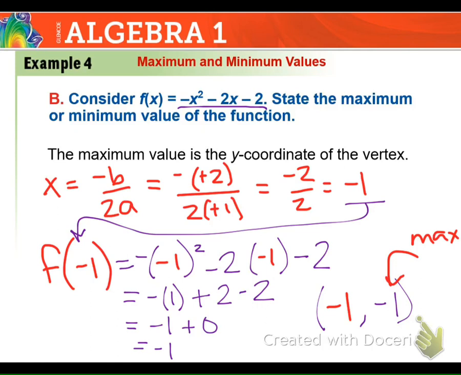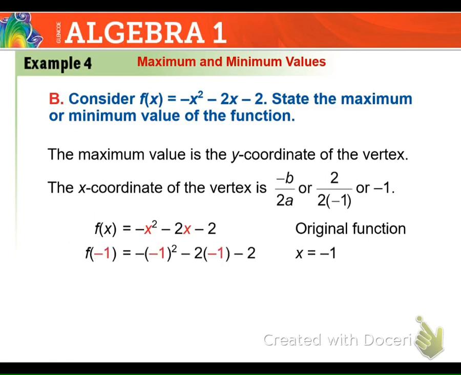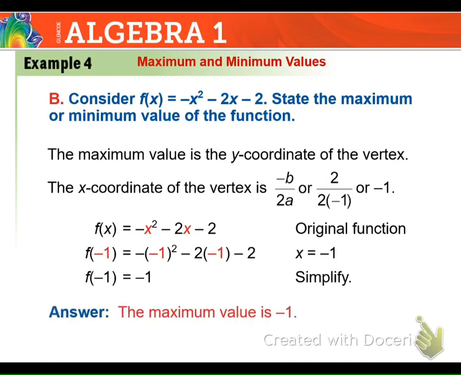So I'll write that up the same way, just a different way to let you view it. We'll take the original function, plug in that -1, and then evaluate it, and I get -1. So the maximum value is -1 because that's the y value that goes with my vertex. Okay, you'll have a few problems today that ask you to do that.